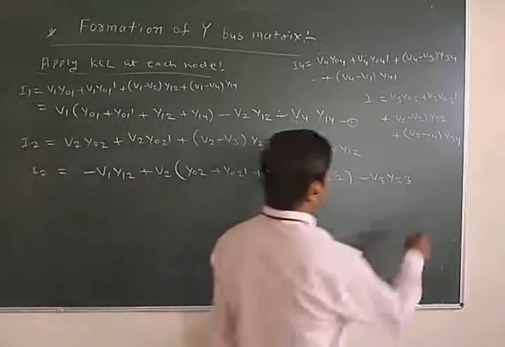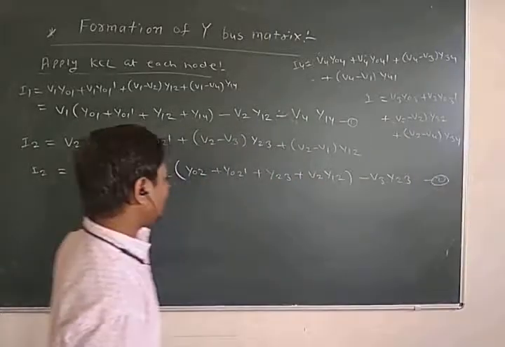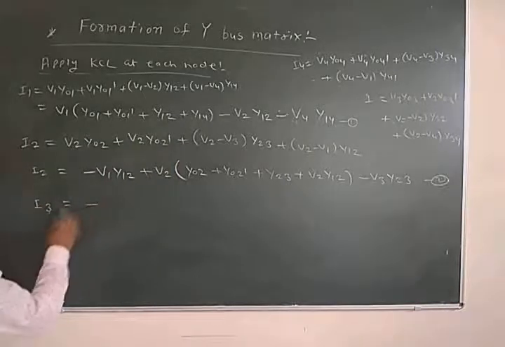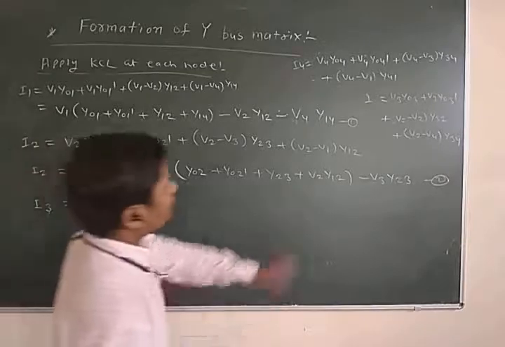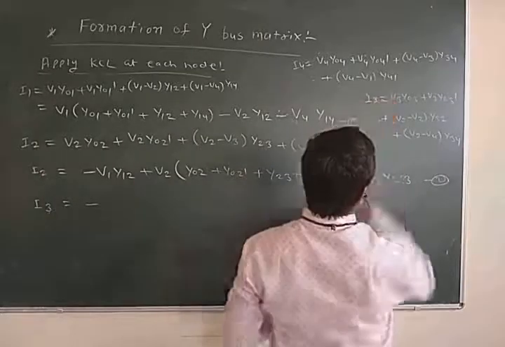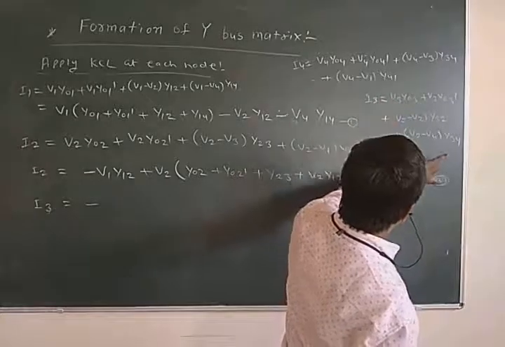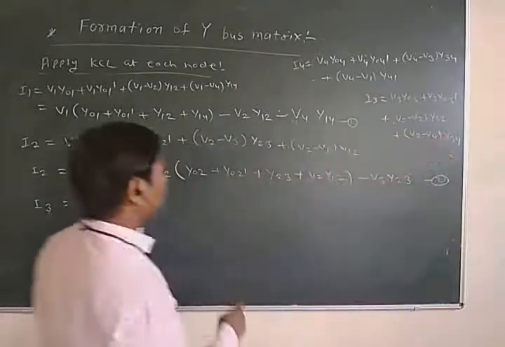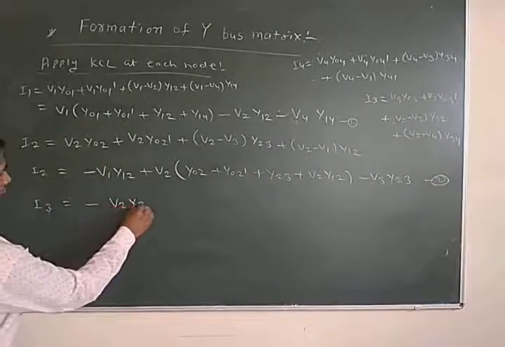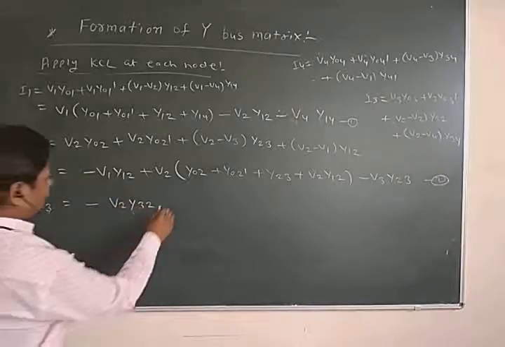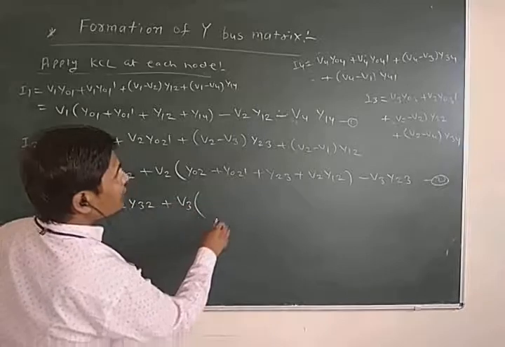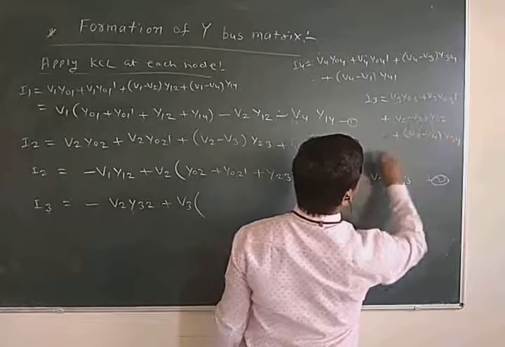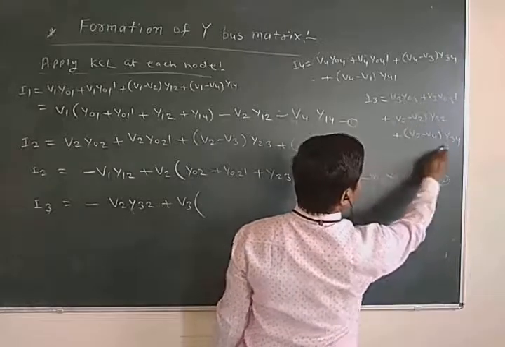This is equation number 2. Similarly, I3 is equal to, minus v2 y32, plus v3 y03, v3 y03 dash, v3 y32 and v3 y34.